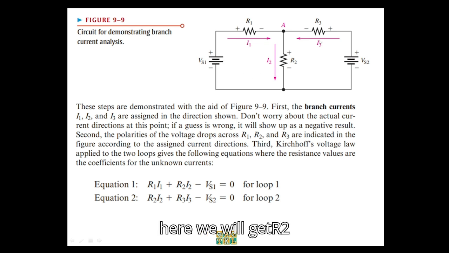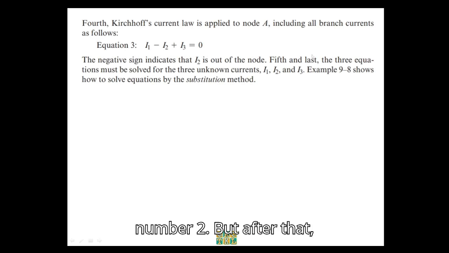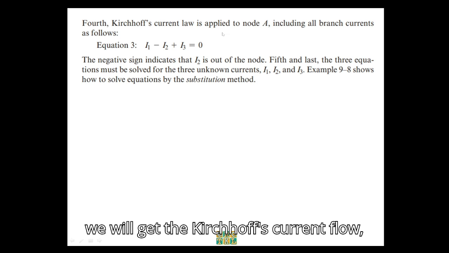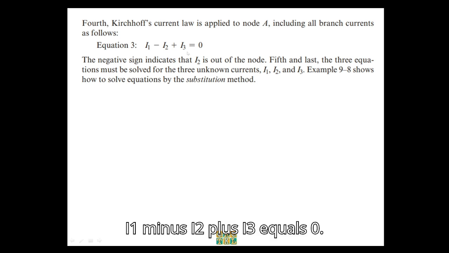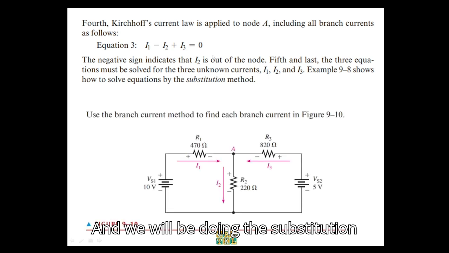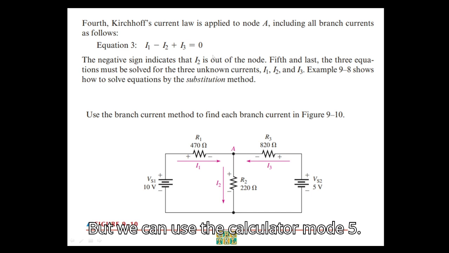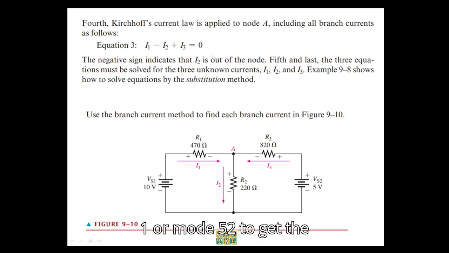And here we will get R2I2 plus R3I3 minus VS2. That will be for loop number 2. But after that, we will get Kirchhoff's current law, I1 minus I2 plus I3 equals 0. And we will be doing the substitution method after that to be able to get that. But we can use the calculator mode 5.1 or mode 5.2 to get the answer.